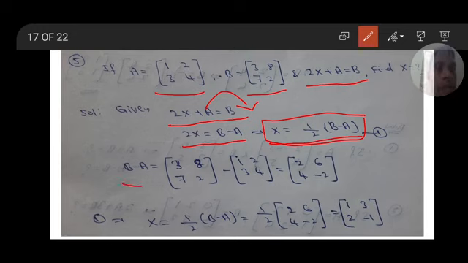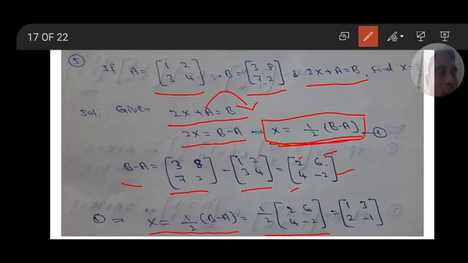What is B minus A? B matrix 3, 8, 7, 2 minus A matrix 1, 2, 3, 4. Corresponding elements subtracted: 3 minus 1, 2. 8 minus 2, 6. 7 minus 3, 4. 2 minus 4, minus 2. That is B minus A. From the equation, X equals 1 by 2 into B minus A, so 1 by 2 into 2, 6, 4, minus 2.